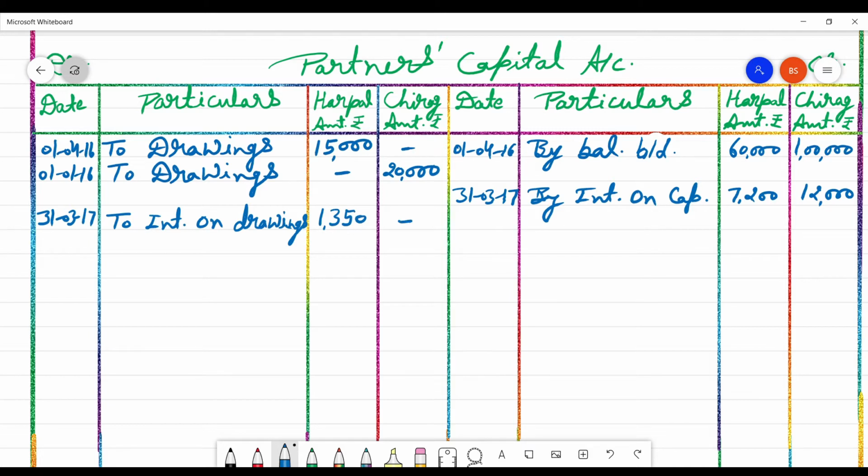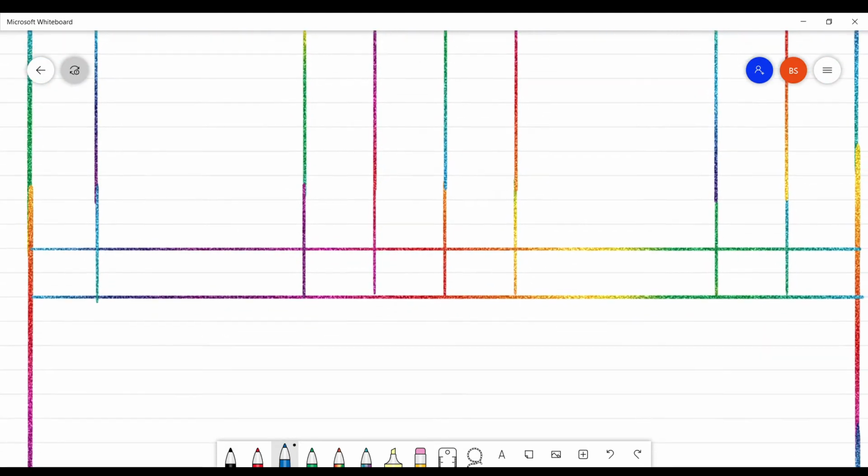But we will not calculate interest on drawings for the full year on Chirag's drawings, because he has made drawings on 1st January 2017.